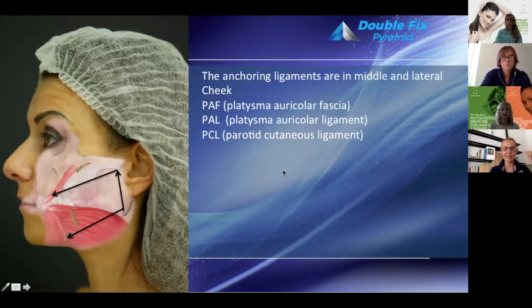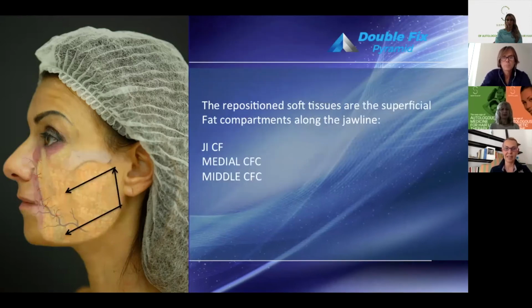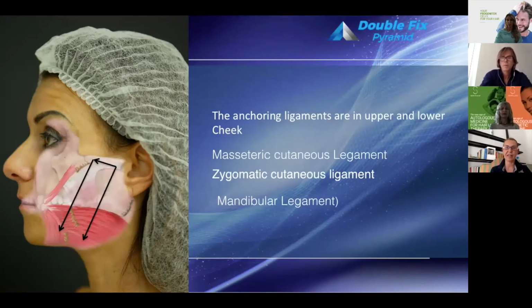Then the anchoring ligaments are in the middle of the cheek. When you want to improve the cheek area, you have to tighten the platysma auricular fascia, the platysma auricular ligament, and the parotid cutaneous ligament. In this case, you reposition the jowl compartment, the medial cheek fat, and the middle cheek fat.